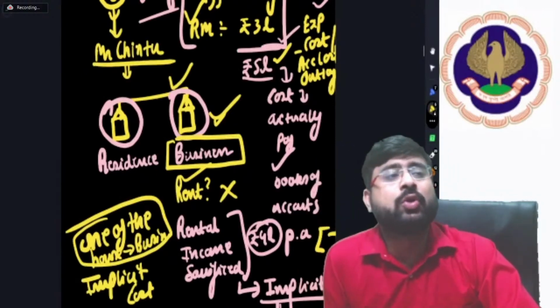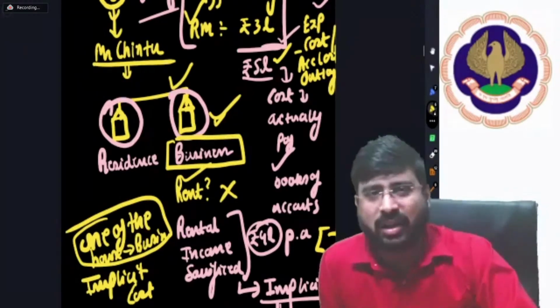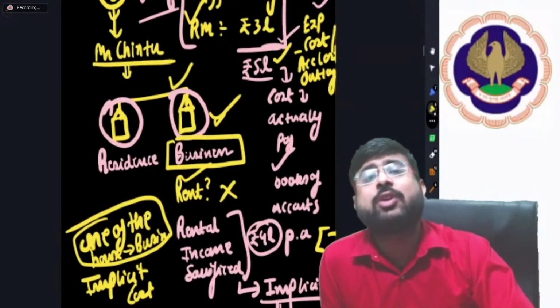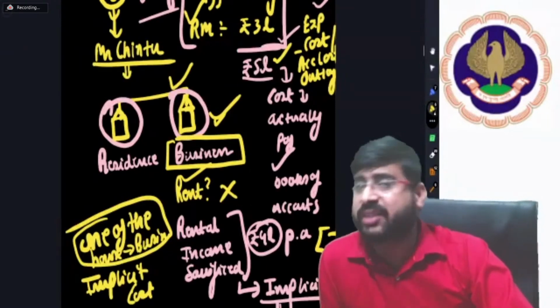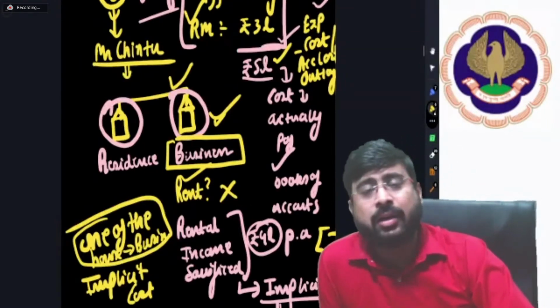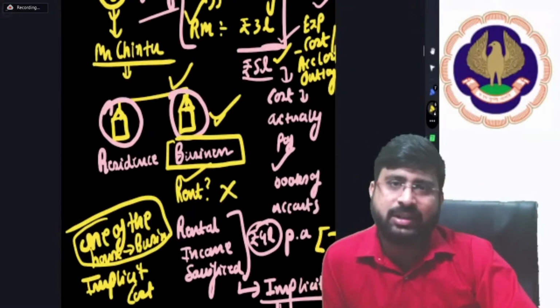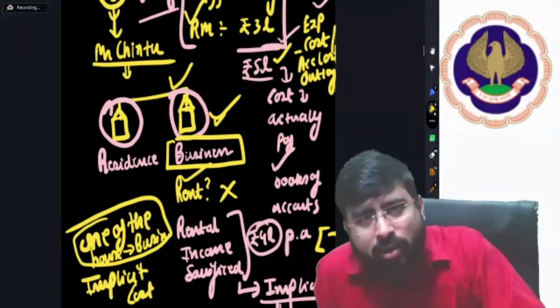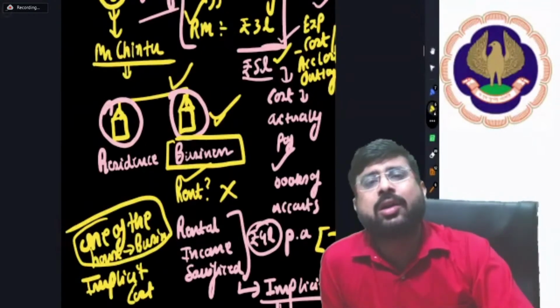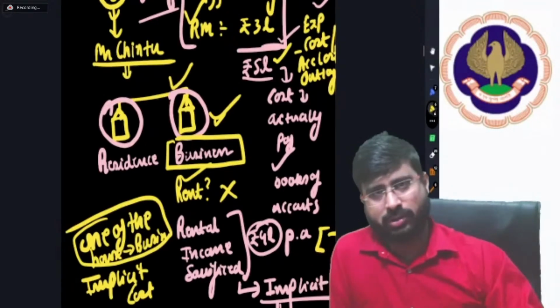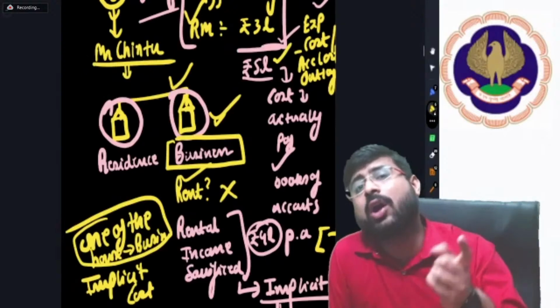But Mr. Chintu, by using the house, is sacrificing the rental income. My dear friends, when you own an asset and you sacrifice the income from that asset, why? Because you are using that asset. That sacrificed income on the asset owned is called implicit cost.